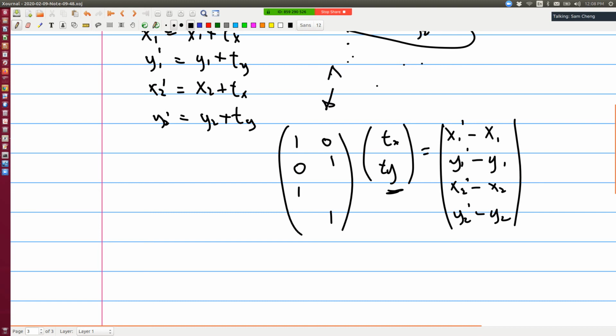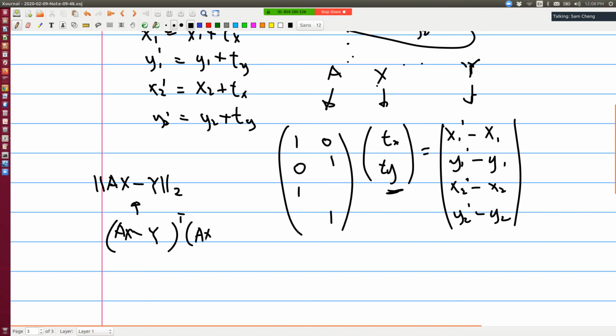If I call this A, this is x, this is y, something like that, we try to minimize, let's say, Ax minus y, the second norm of that. So Ax minus y is basically a vector, so I can write it as Ax minus y transpose times Ax minus y.